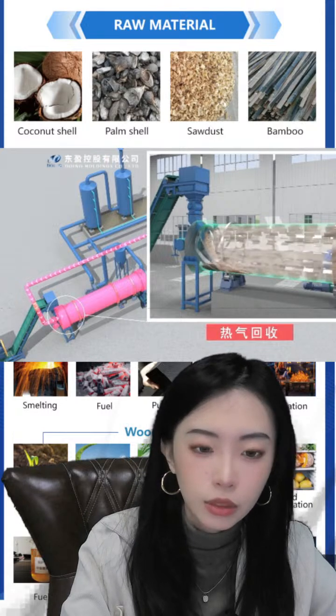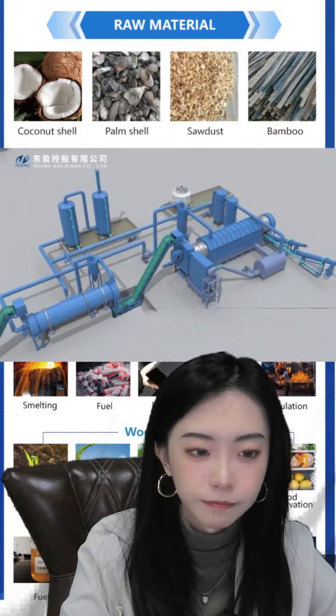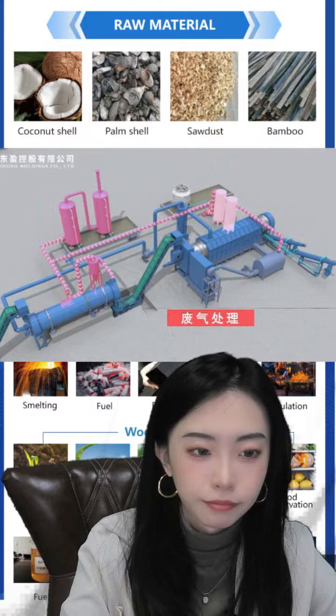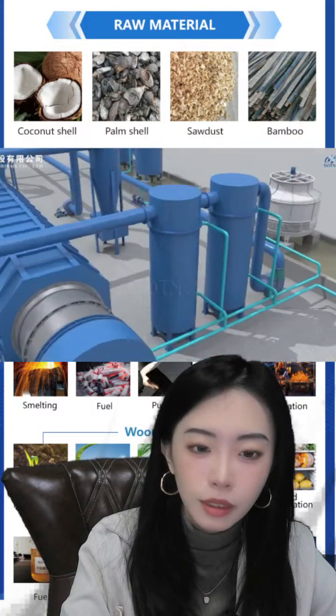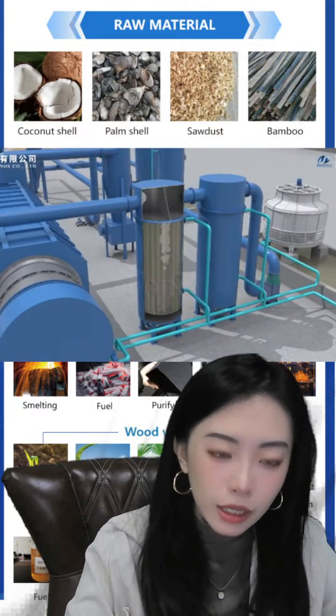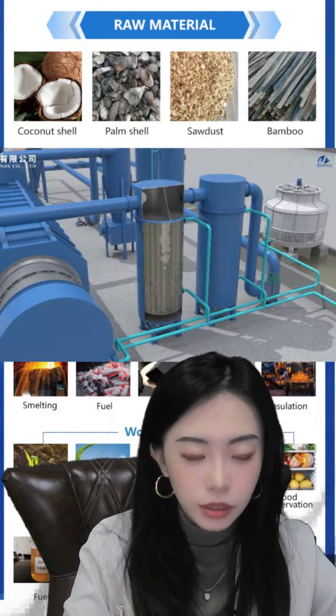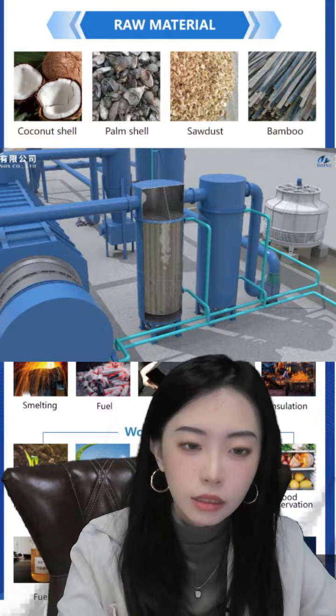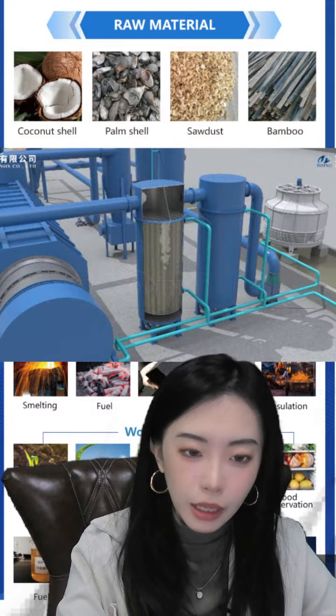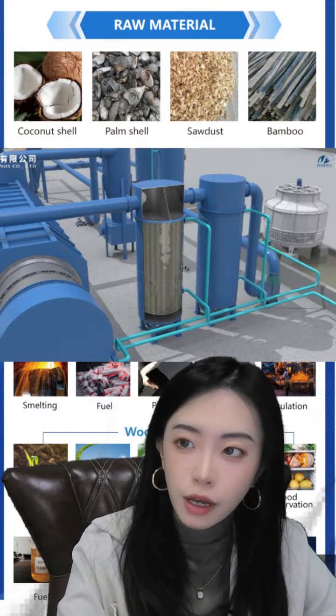You can see here there is a dryer. When the dryer reaches 20 to 30 degrees, meaning it reaches the standard, the gas that remains will be purified and released.